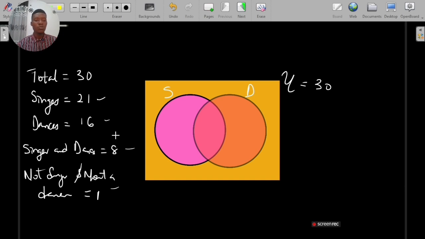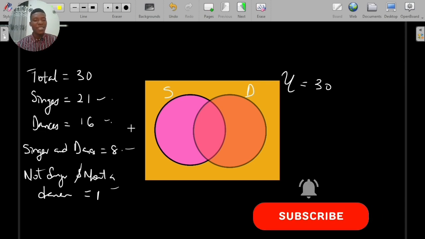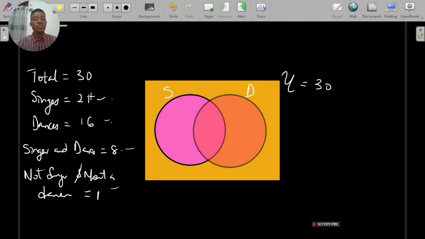This is what you need to do. You should be aware that when you called singers initially, the singers and dancers were part of them. These 8 people were part of them. When you called dancers again, simply because they can do the two, they were also present here. So that was the initial problem that you had. So all you need to do is subtract 8 from 21.